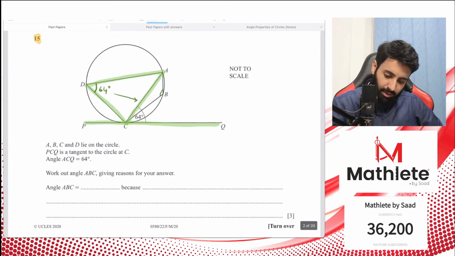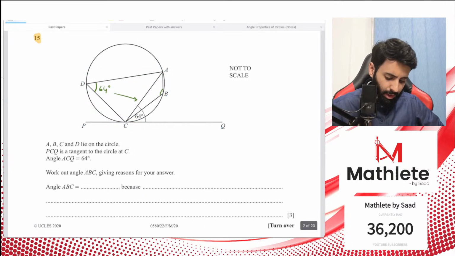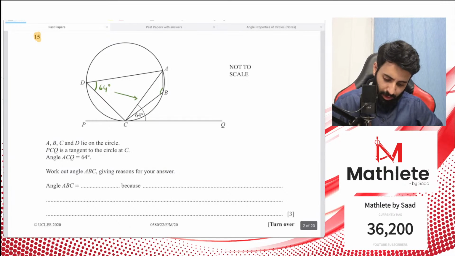Now, if this is 64, that allows us to figure out the value of angle ABC. Make sure to mention this because the question is looking for reasoning. So ADC is equal to 64 degrees because of alternate segment.